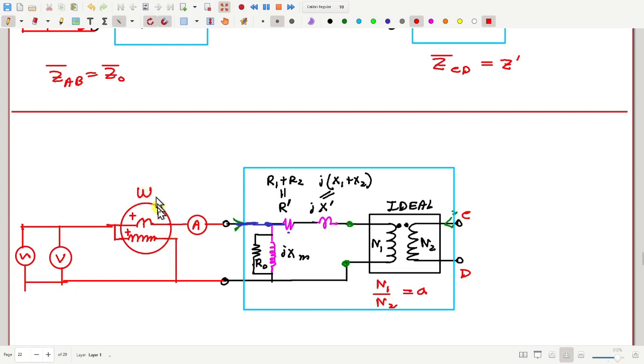This is a wattmeter. Actually, we are going to do an open circuit test, and for this we are going to keep C and D open.